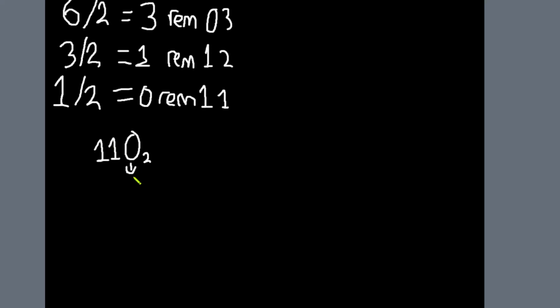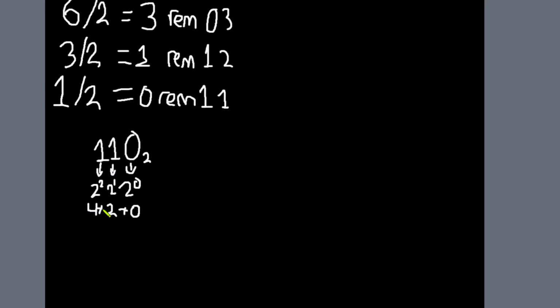So this is going to be 2 to the power of 0, and it's going to be times 0, so we'll just end as 0. Then 2 to the power of 1 times 1, that will just be 2. And then 2 to the power of 2 is going to be 4.